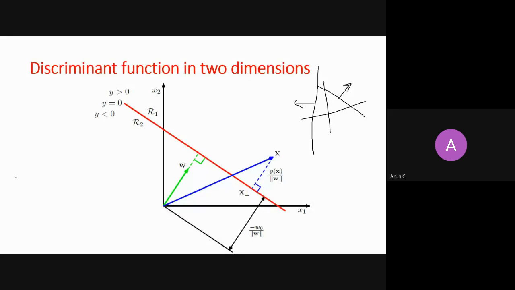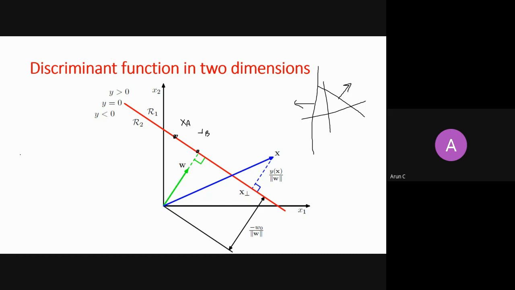Just to prove it, let's prove it. Say there are two points, XA and XB, on a hyperplane. Because both are on the hyperplane, they satisfy the equation.